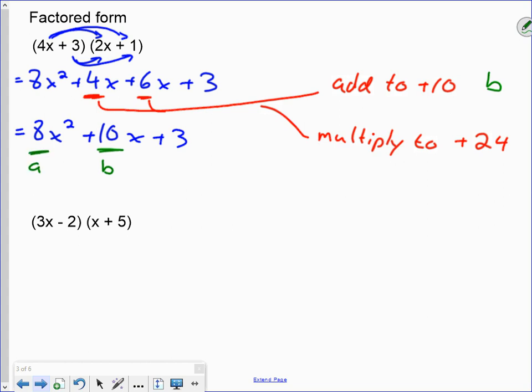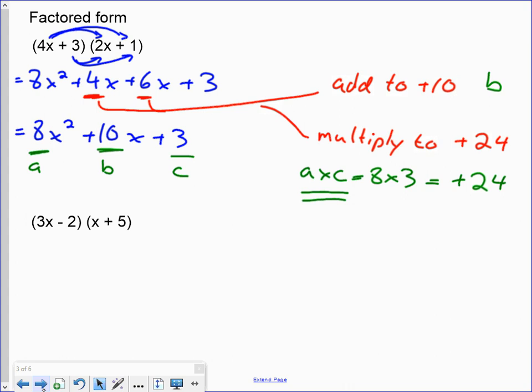Well, if I look at my value for a and my value for c, a times c is 8 times 3, positive 24. Okay. So these two middle numbers, this 4 and this 6, add up to b and multiply to this value of ac, which suggests there's a relationship between our values of a, b, and c and these two middle numbers here.